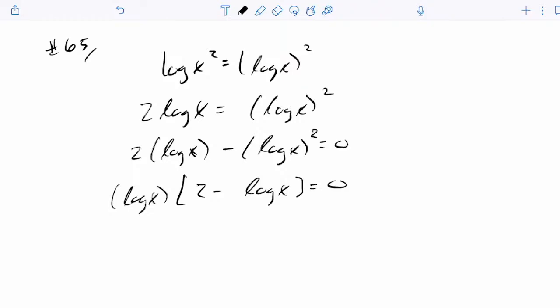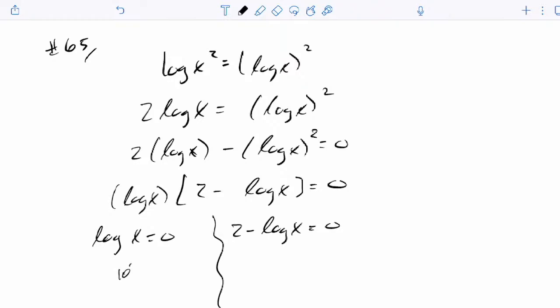This is all right so far. Let me know if this is okay. So you have two options. Either log of x is 0, or 2 minus log of x is 0. Right, those are the two options.